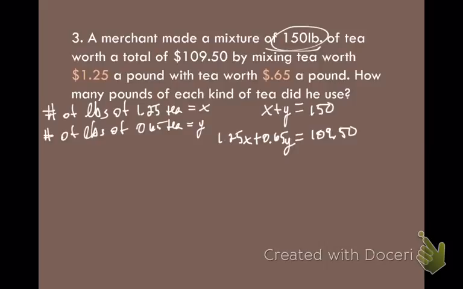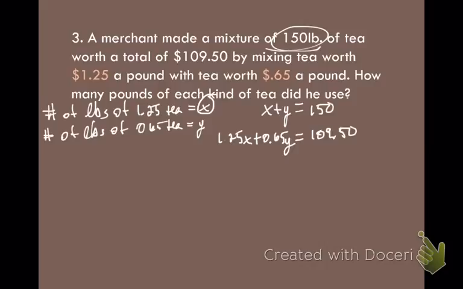Well, if it's $1.25 per pound, then we would take the number of pounds of that tea and multiply it by $1.25. So that's where that came from. And same thing for the 65-cent tea. We take the number of pounds and multiply it by 65 cents, because it's 65 cents per pound. Okay? So there's your system that you would need to solve.